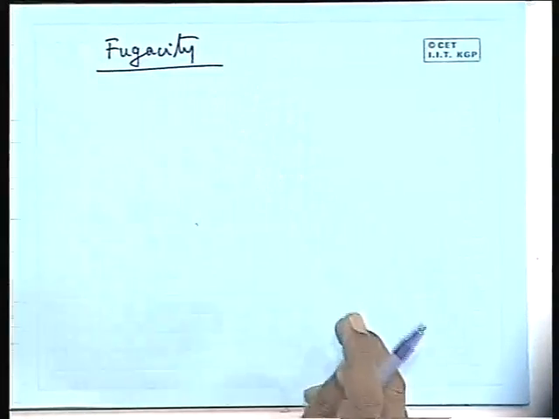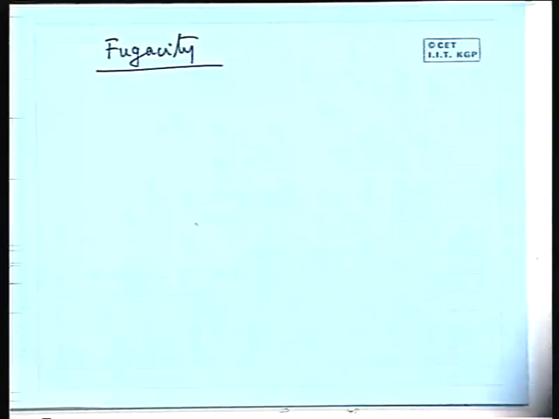Fugacity. Now you see this fugacity concept. First of all, I tell you, the concept of fugacity will be given not with respect to a multi-component system, but I will first tell you what is fugacity for a single component system, because the concept of fugacity holds good for any single component system which does not behave as an ideal gas.